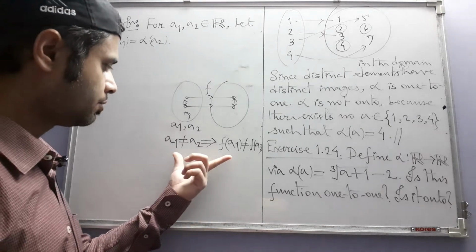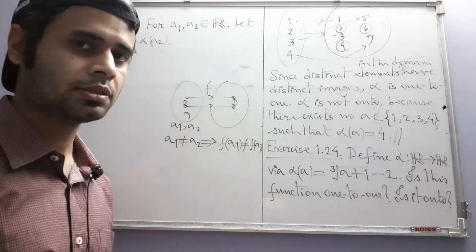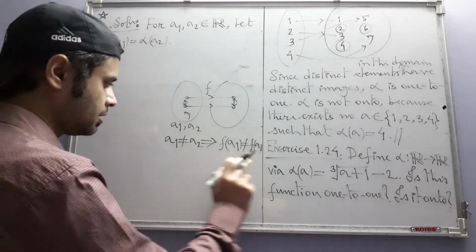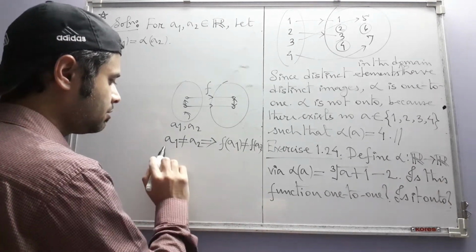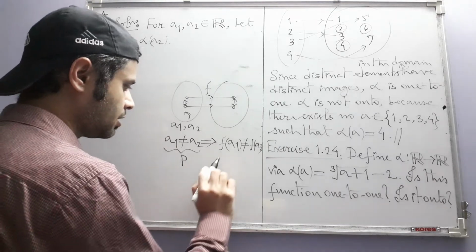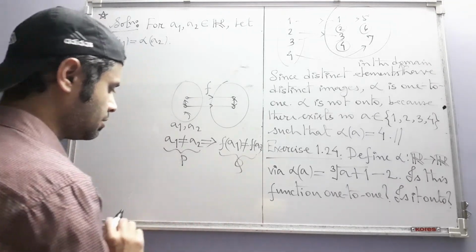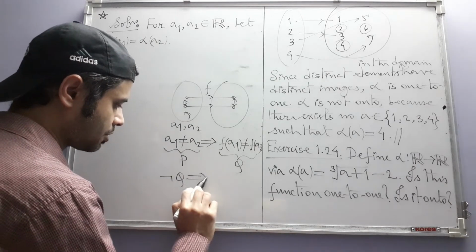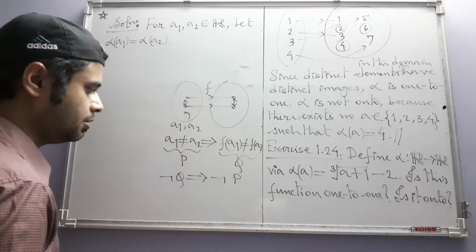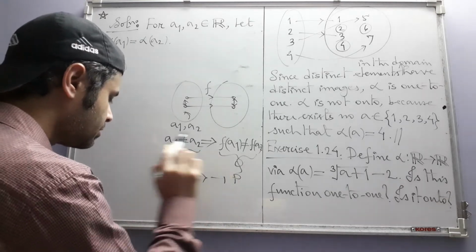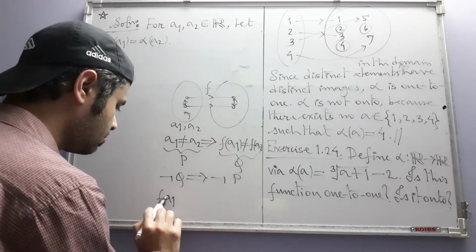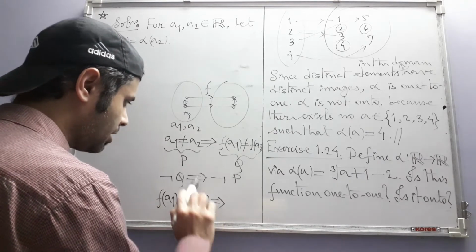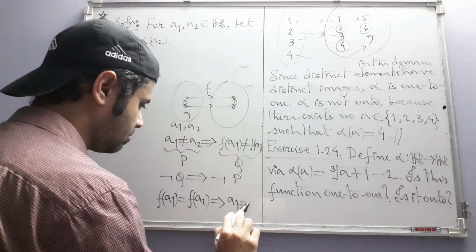Or you can prove the contrapositive of this statement, which is also logically equivalent to the statement. This is an implication. The contrapositive is what? This is, say, your statement P, this is the statement Q. P implies Q means negation of Q implies negation of P. That is, negation of Q is f of A1 equal to f of A2, implies negation of P means A1 equal to A2.